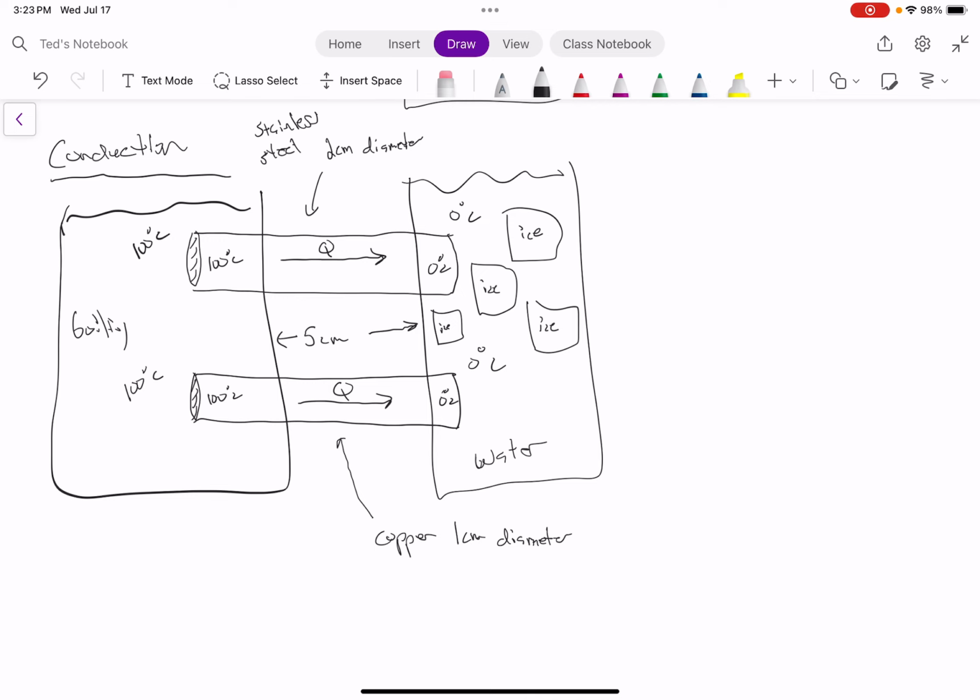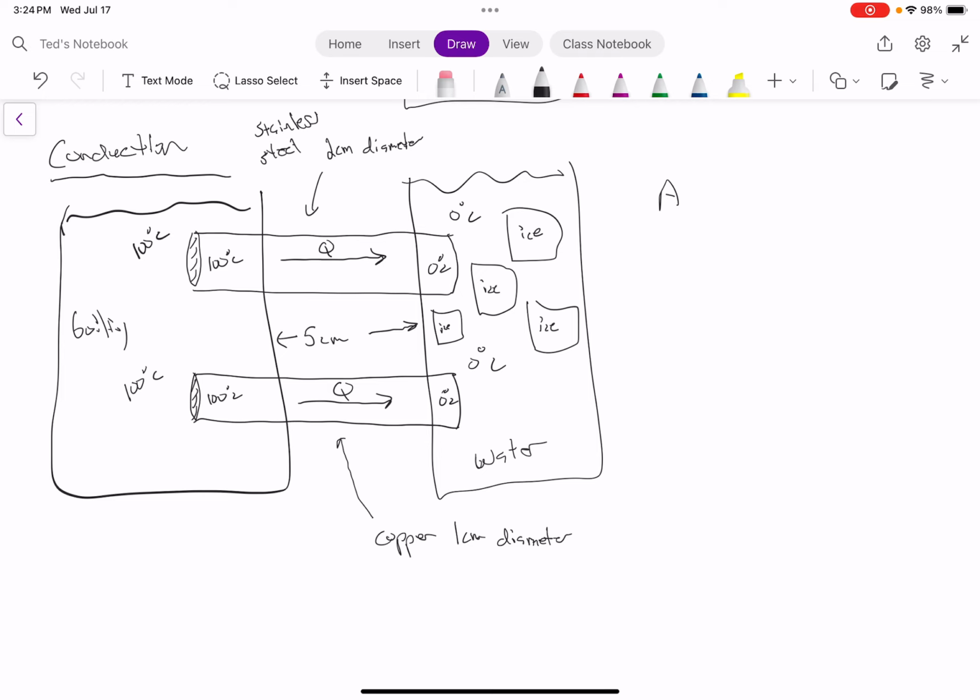This would be a fun exercise to do in class, but I think we can imagine that if you had a larger, fatter rod, more heat could travel through it in any given period of time. So the cross-sectional area of the rod is going to play a role in how quickly heat can transfer through it.